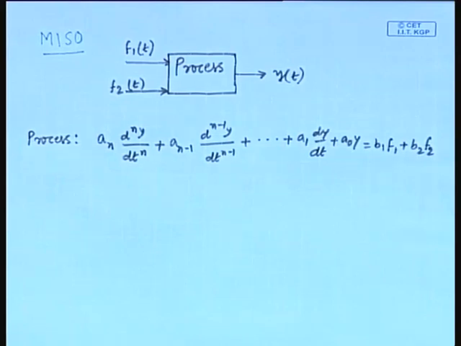The process model is quite similar to that of the SISO system, the only new addition is the input variable. In the previous case we had one input variable, here two input variables. So, next we have to take the Laplace transform.